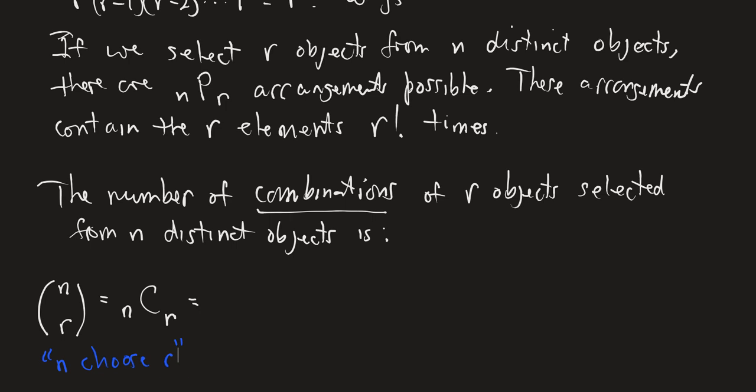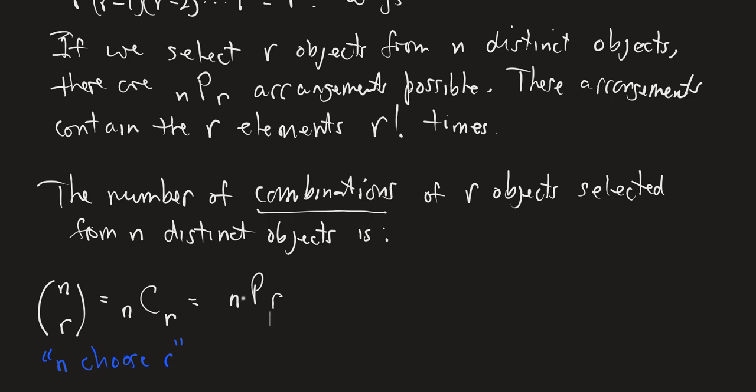Now what's the formula? Well, when we write this down, we're looking at all the possible arrangements of these R elements out of the N distinct elements. But we just argued up here that there are R factorial of these. But we don't want to count all of them individually, right?